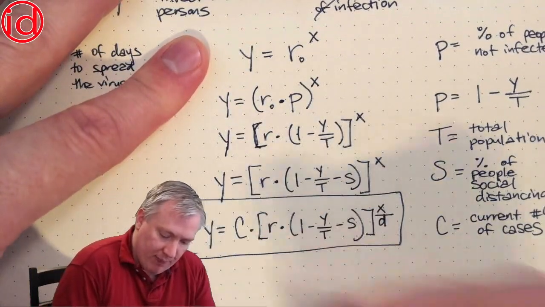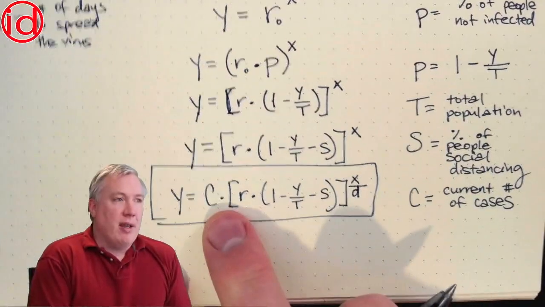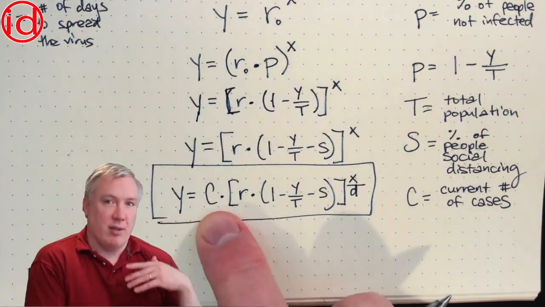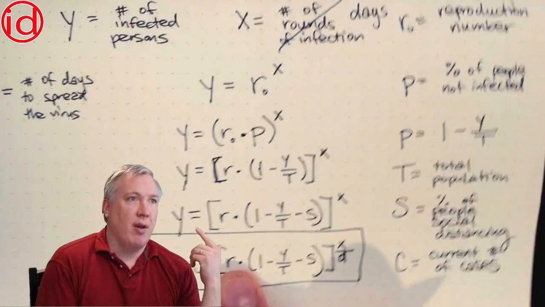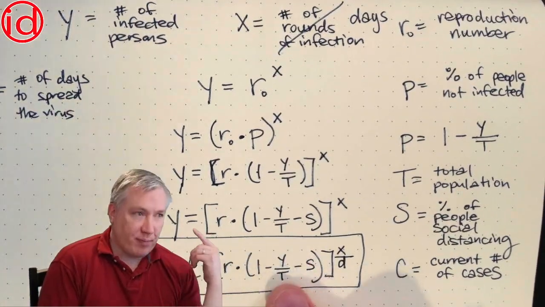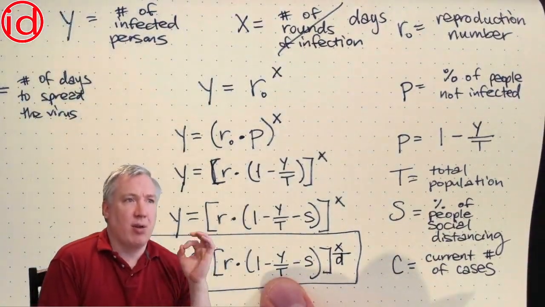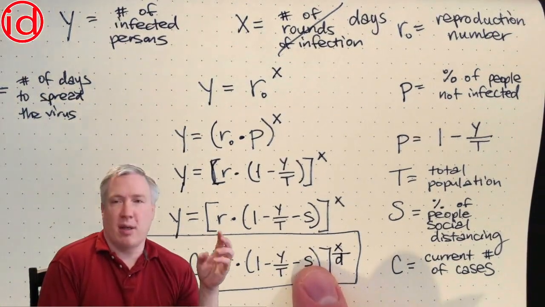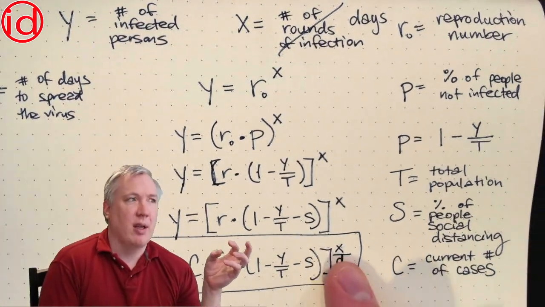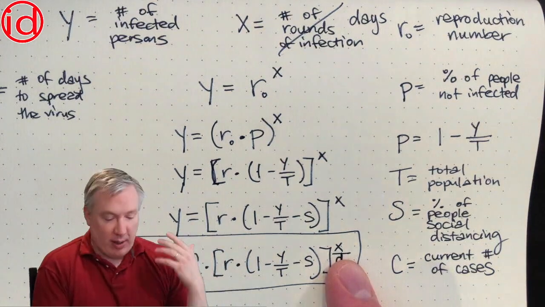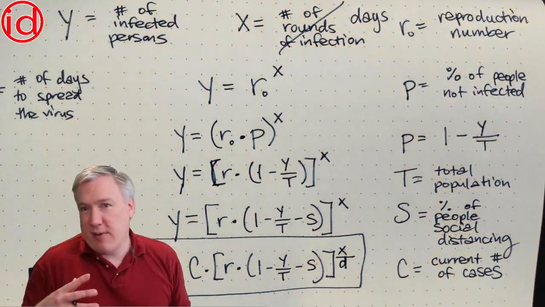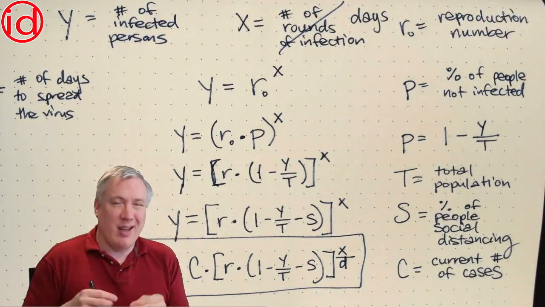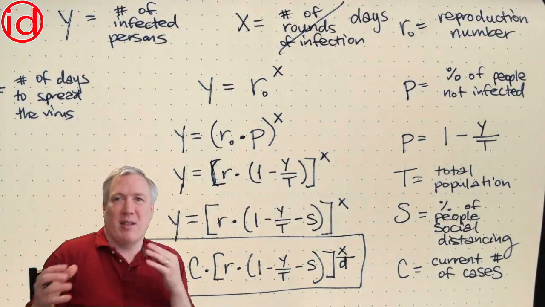All right, now all of these coefficients, as we would call them: C, the current number of cases, R, the reproductive number, T, the total population, S, the percentage of people social distancing, and D, the number of days it takes to spread the virus. All of these things we're going to represent as fixed values, although there is some fluctuation, and we don't actually know the exact values in every case.